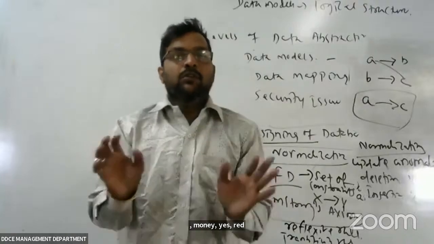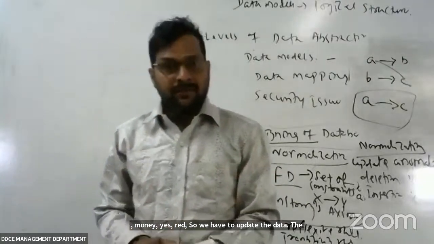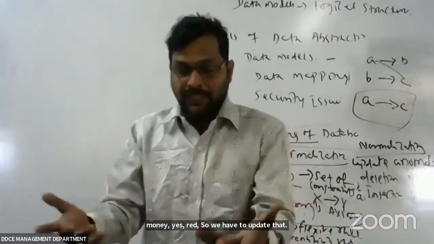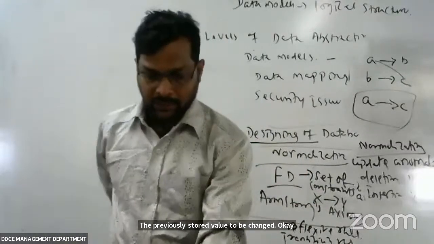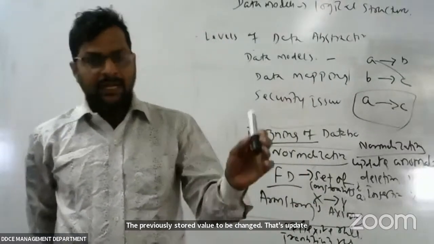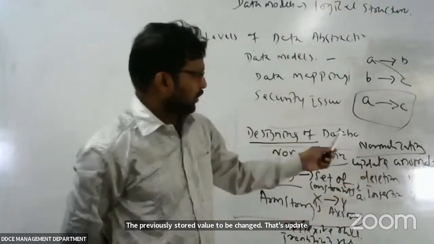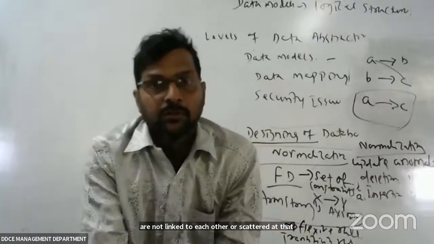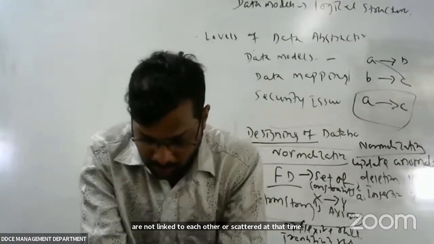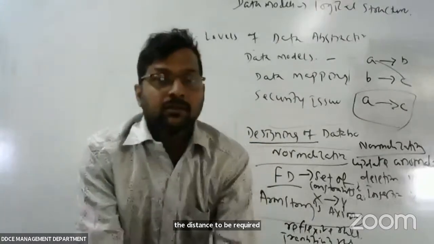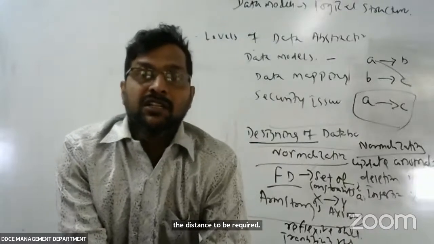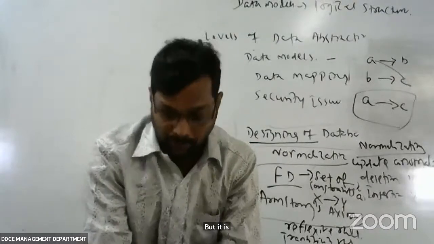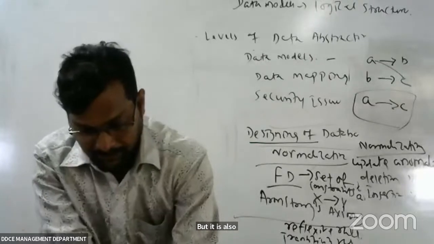The update anomaly is the same thing: when data items are not linked to each other or are scattered, updates are required, but a few instances may be updated automatically and a few may not. That is the case.